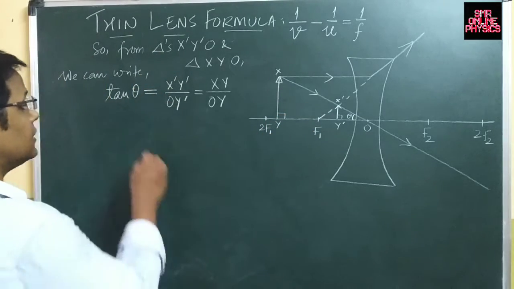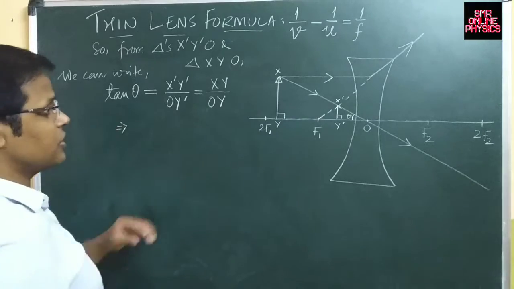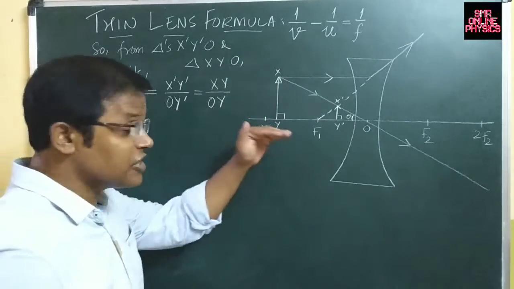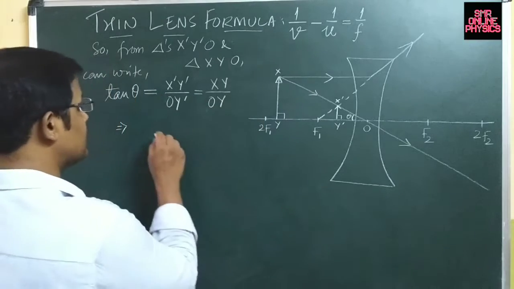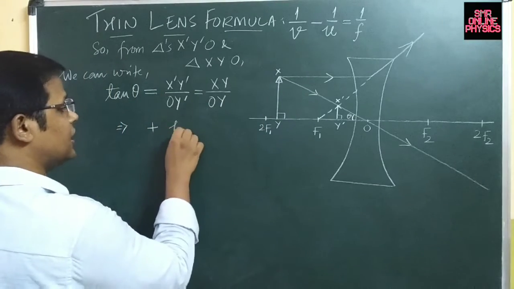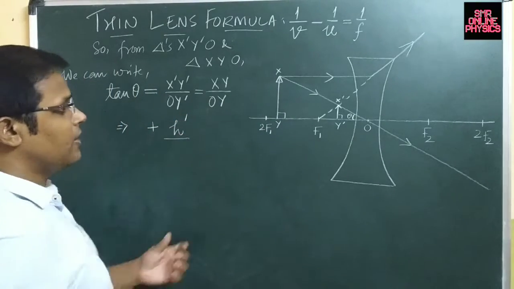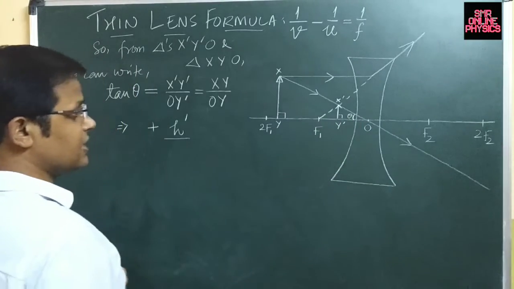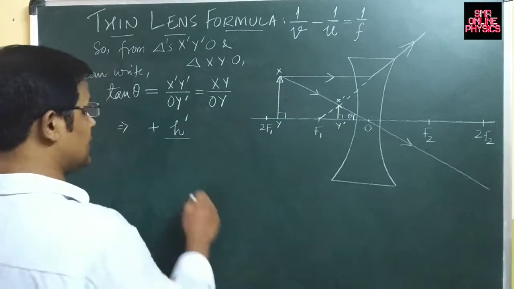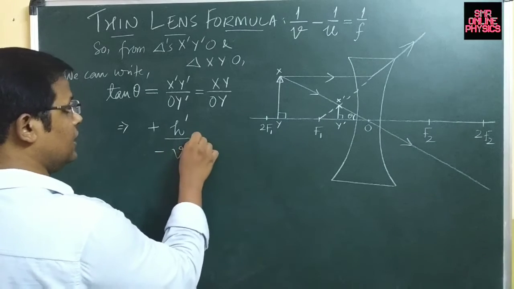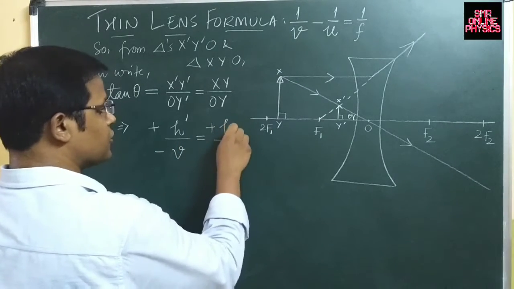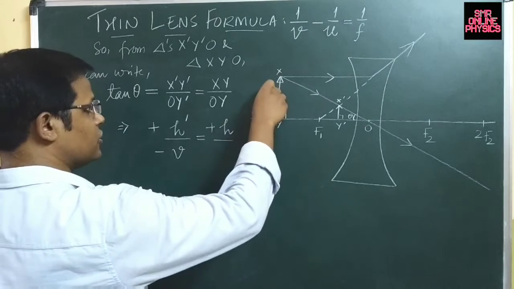tangent of theta. So now putting in the values, this x prime y prime is your height of the image. It is placed above the principal axis, so the sign is positive, plus h prime. Then we have O y prime, which is to the left of the optical center. That is your image distance, so minus v. That is equal to xy, the height of the object. Please note it's still above the principal axis, so this is your plus.